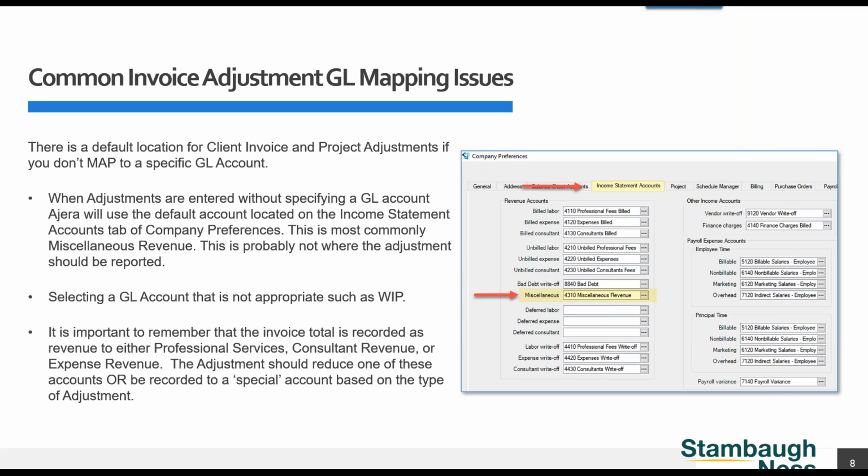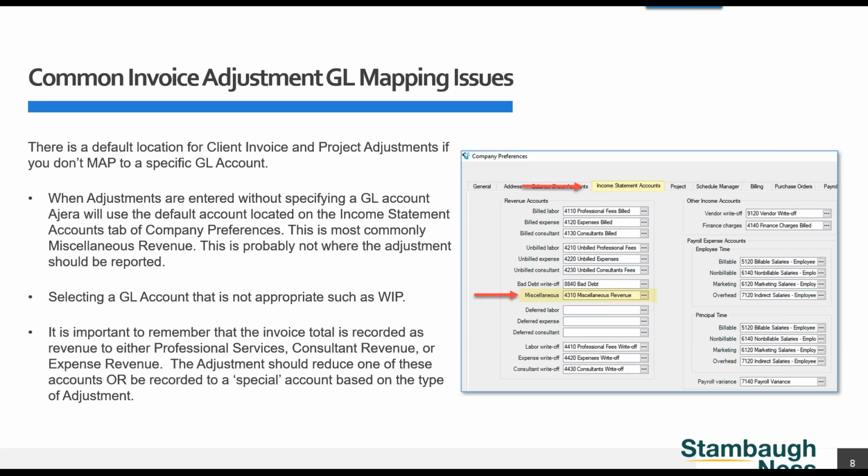So we have to think it through. We've recorded revenue prior to the adjustment. Where should that adjustment go? Should it be reducing the revenue recorded, or do we want it in a special account? These slides are just meant to be a reminder of the things we've talked about. Shauna is going to give you some great examples in the client invoice. Shauna, anything you'd like to add here?